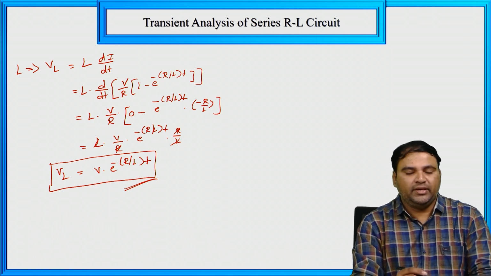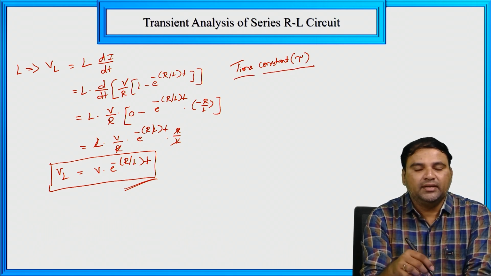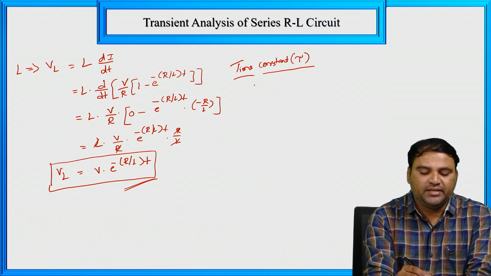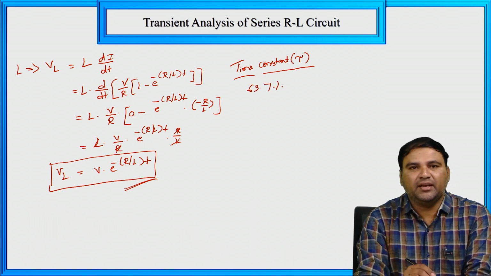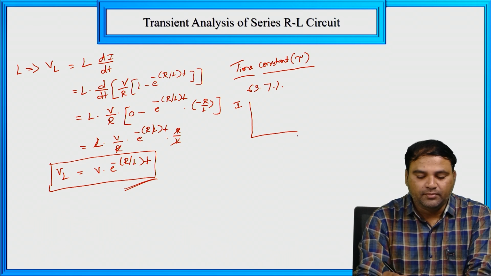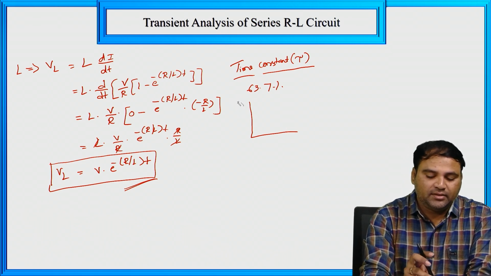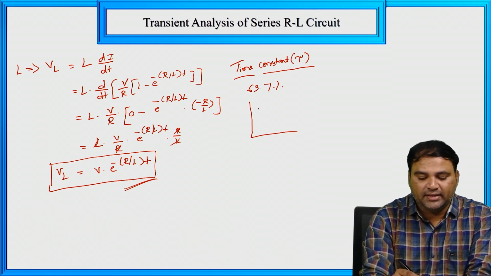Okay. So in this equation we have the time constant. The time constant is tau. The time constant is nothing but the time taken to reach 63.7% of its final value. Okay, so the graphical representation is like this. So current. Here the graphical representation of the time constant: we'll get a graph like this.